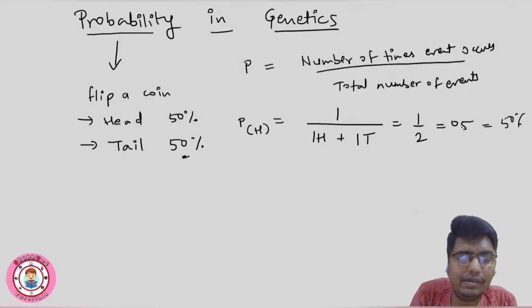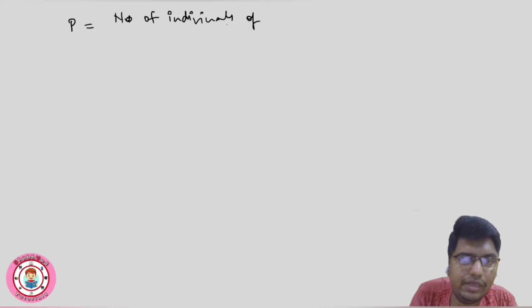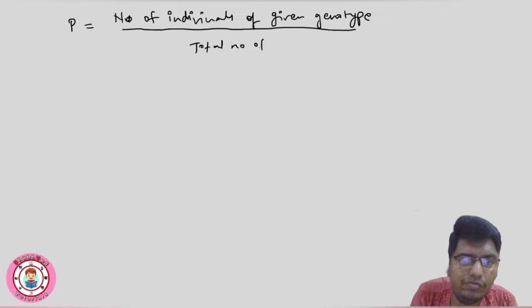So this is just the basics. Now we will see how it is related to genetics. Again, the formula: probability is equal to the number of individuals of a given genotype upon the total number of individuals.